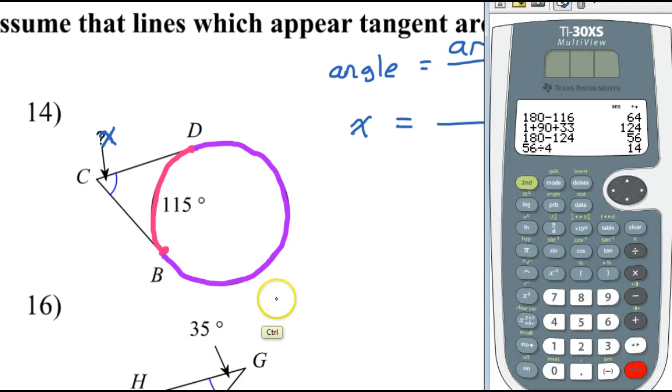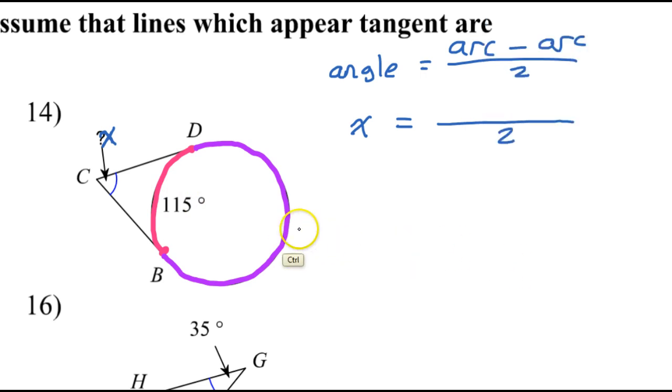So can you see that I should be able to get the purple arc by subtracting from 360? If I take the whole circle and I take away the red part, that should leave the purple, 245. Okay, so the purple arc is 245 degrees.